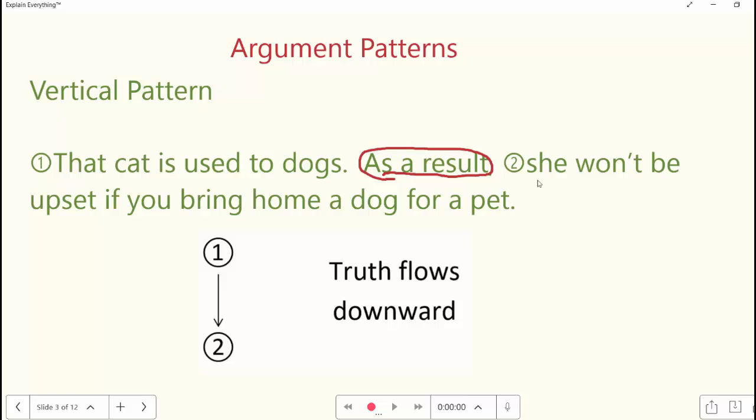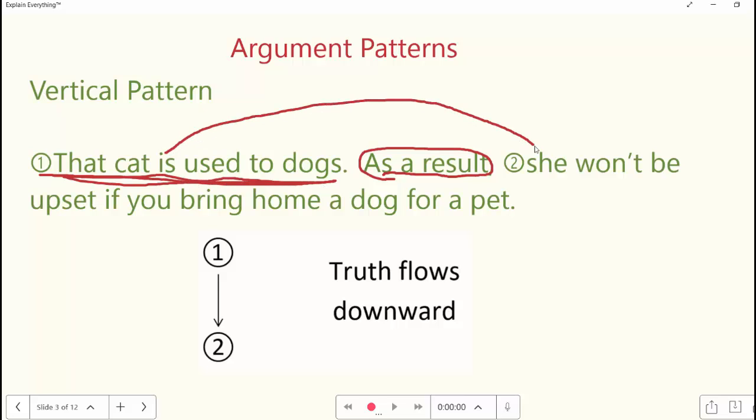So what that means then is the truth of this sentence, if it's true, is supposed to suggest that this is true.